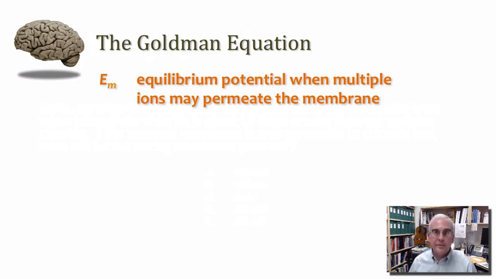So it's useful to have some formulation that allows us to understand the equilibrium potential at any given moment in time if we know something about what ions can permeate the neuronal membrane and then something about their concentration gradients. Well, there's one more equation to introduce to you that allows us to do just that. That is to predict the equilibrium potential when multiple ions may permeate the neuronal plasma membrane. This equation is called the Goldman equation.